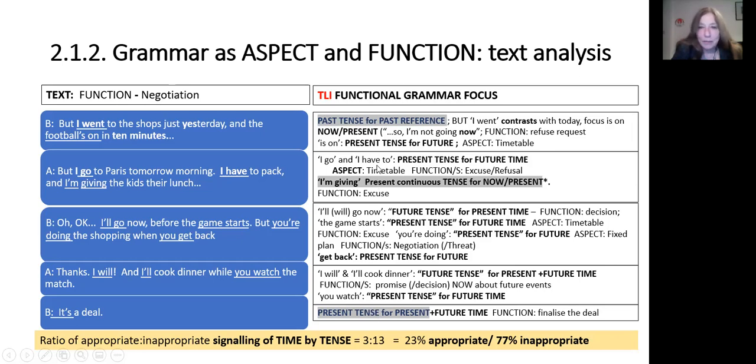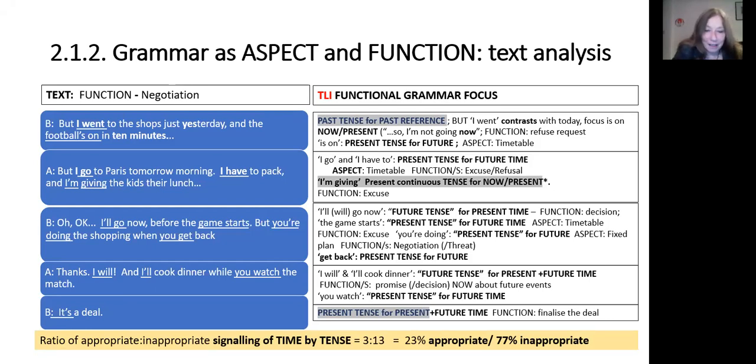All the rest of them have either present tense for future, or also future tense for the present. And this is only 3 out of 13, which is 23%, leaving 77% of the examples where the tense does not relate to the time. And even in these 3 examples, it could be argued that the aspect and the viewpoint actually is more important than the time.